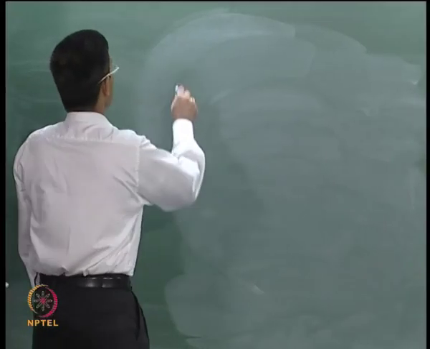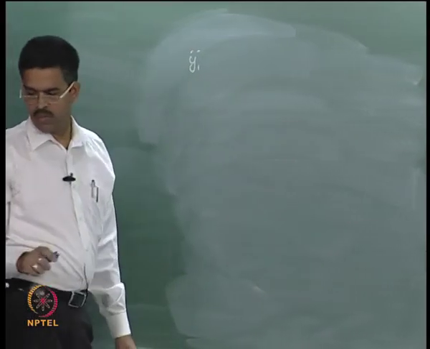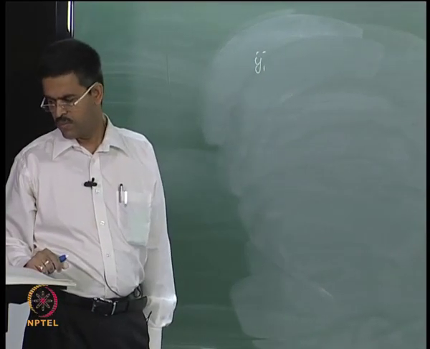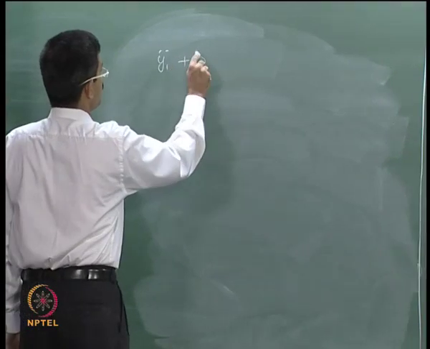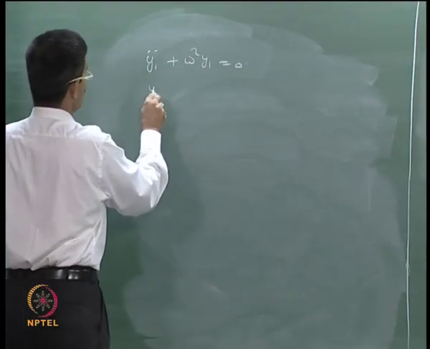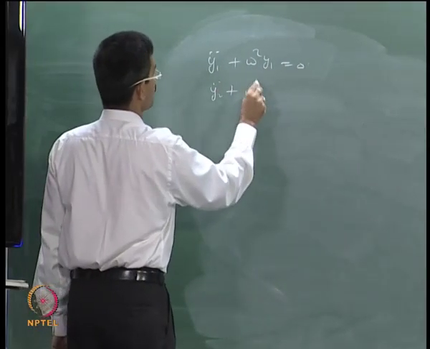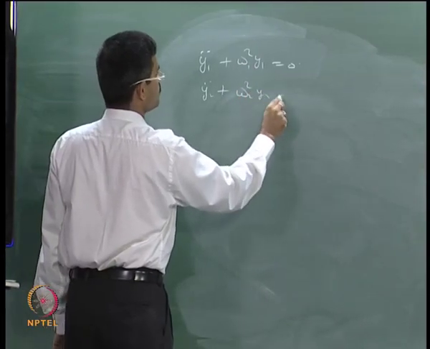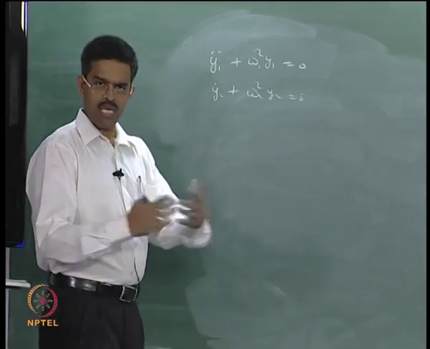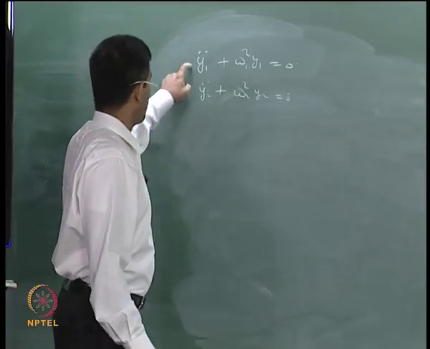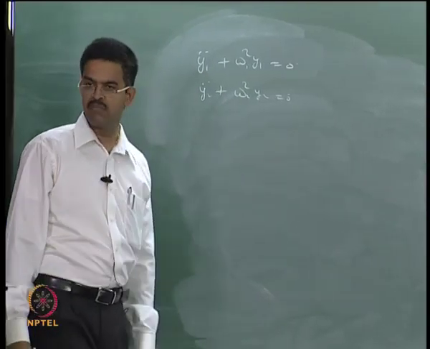So what has become now? Y1 double dot plus omega square y1 is 0, y2 double dot plus omega square y2 is 0. Is that right? So I have decoupled the equation of motion into n number of single degree freedom systems.